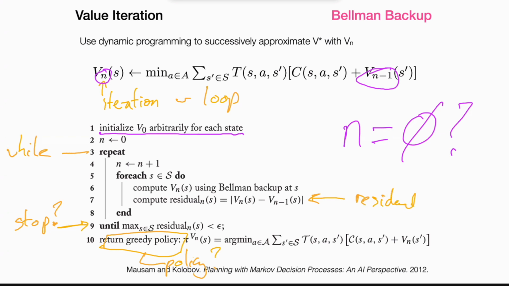We compute the residual, which is the difference in the values between two iterations, and then we stop when that difference is smaller than some epsilon, some constant. So that's where we look for convergence. And then our policy is simply the minimum cost Q value for each state.